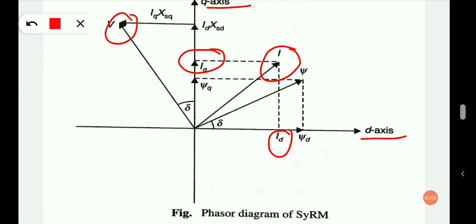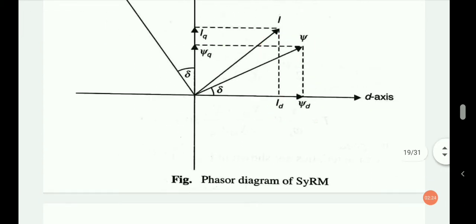But in this figure, the additional part is that the flux linkage phasors are also shown. So flux linkages for direct axis and quadrature axis and the resultant phasor for flux linkages.